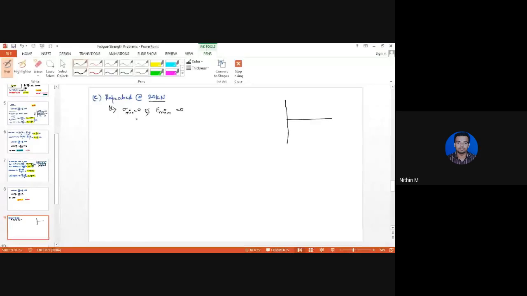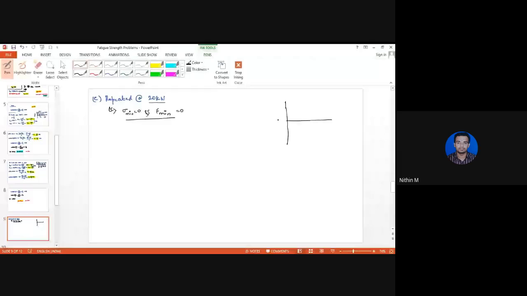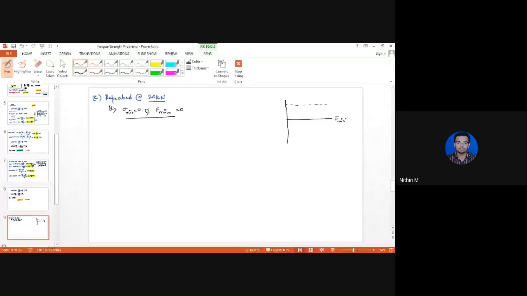Remember this. So here F minimum is equal to 0 and F max is equal to 20 kilonewton. So the graph will be like this. It will begin from 0, go up all the way till 20, drop down to 0, and this cycle continues.